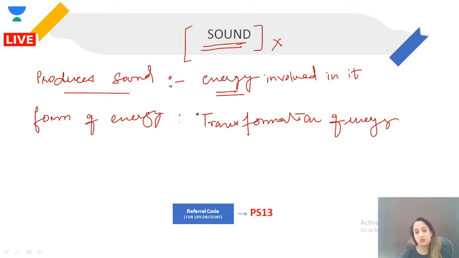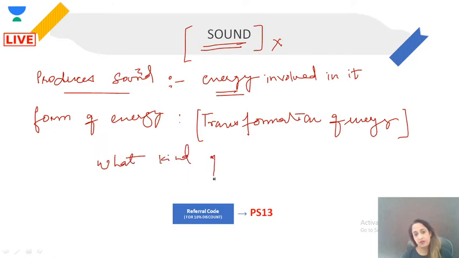So that is what we call transformation of energy. So sound, again, is a form of energy. But what kind of energy is that? That is important again. What kind of energy is it?